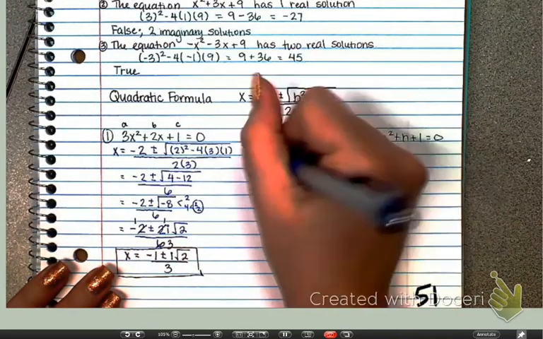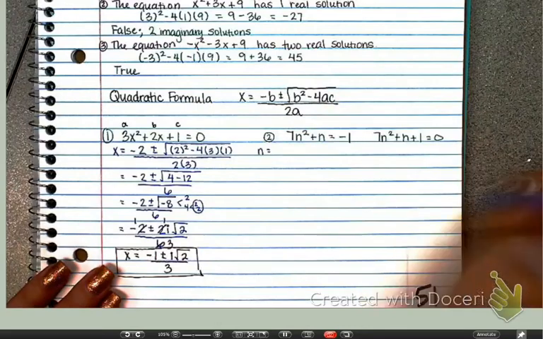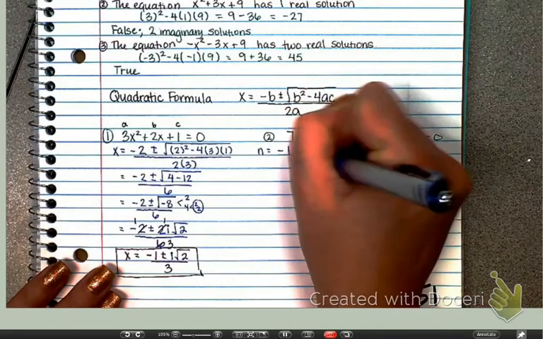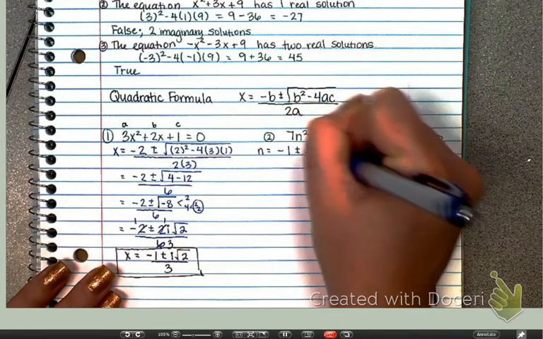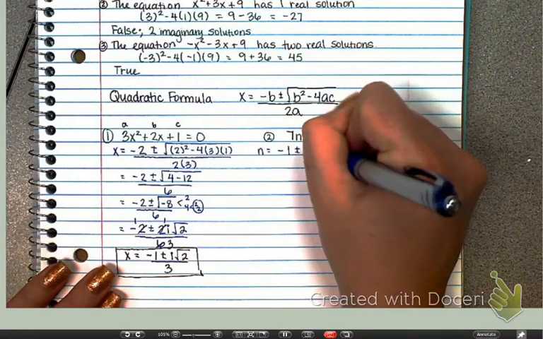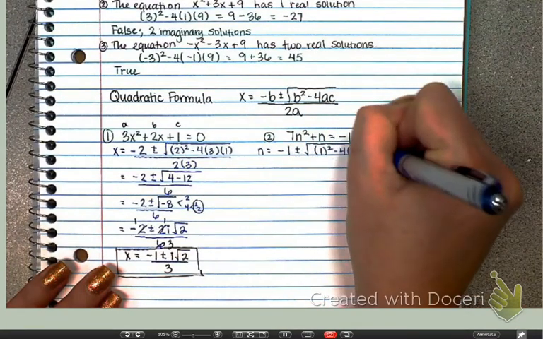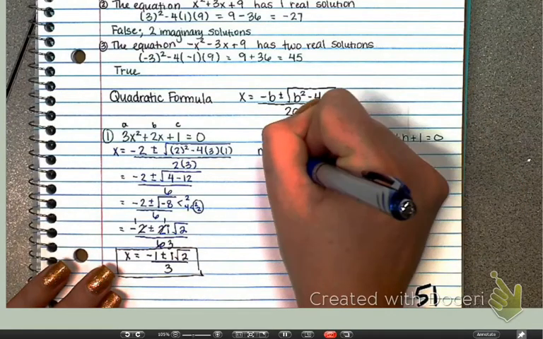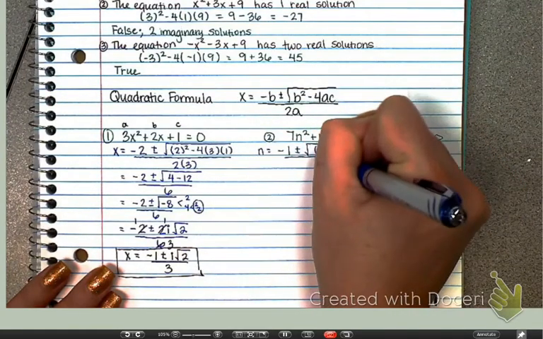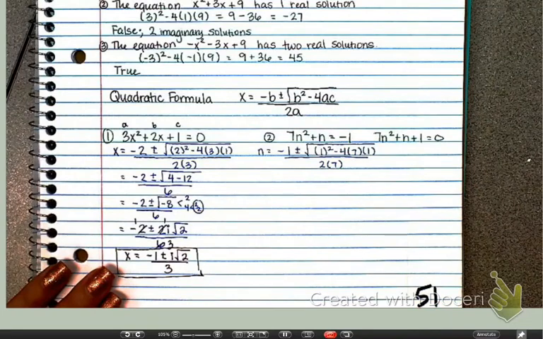Then you should have n equals -b plus or minus the square root of b squared minus 4 times a times c all over 2 times a. Still good? Okay.